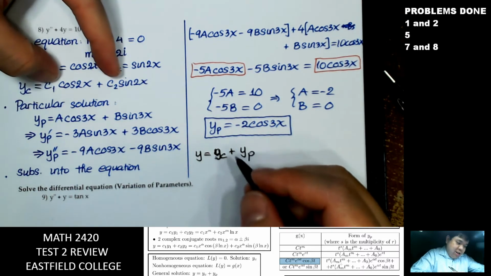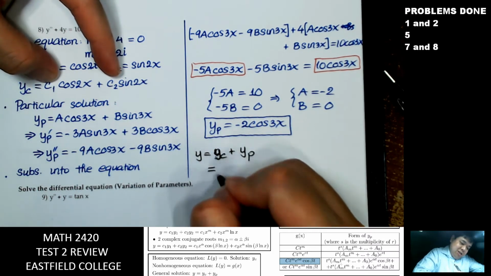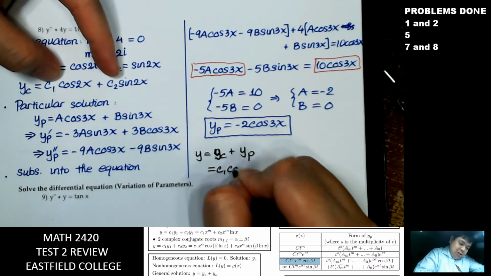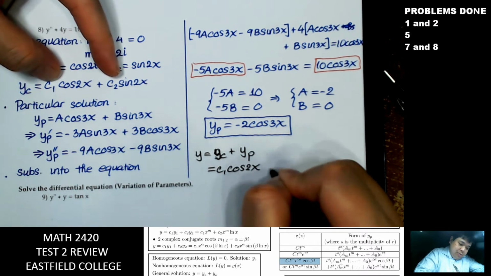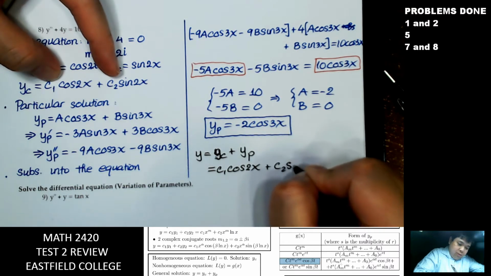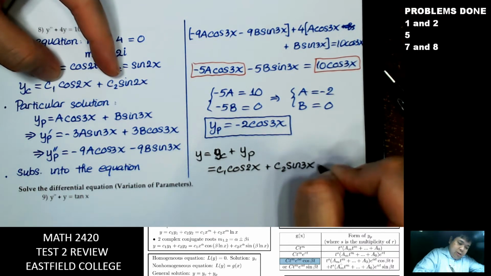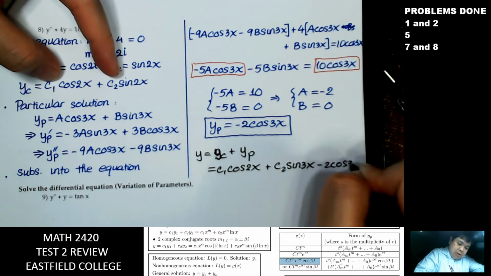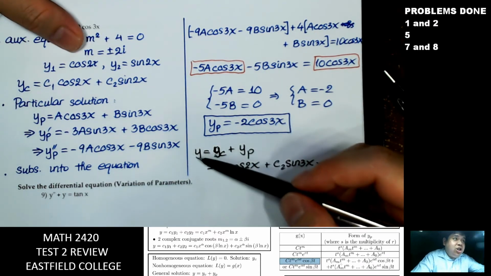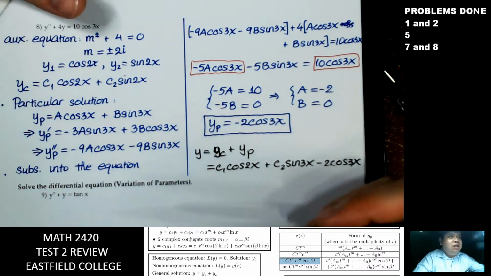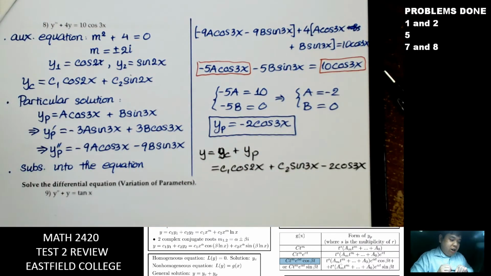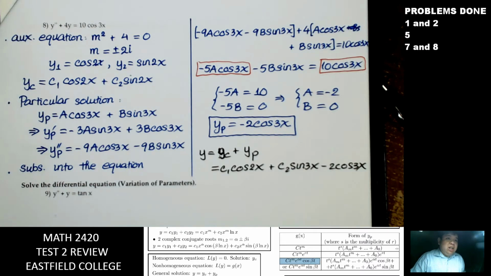So it will be this plus this. The question did not ask us for the general solution, but that's what it is. Particular solution would be enough. So this is the first way to approach a non-homogeneous linear equation. That is one way to do it, to guess using this.